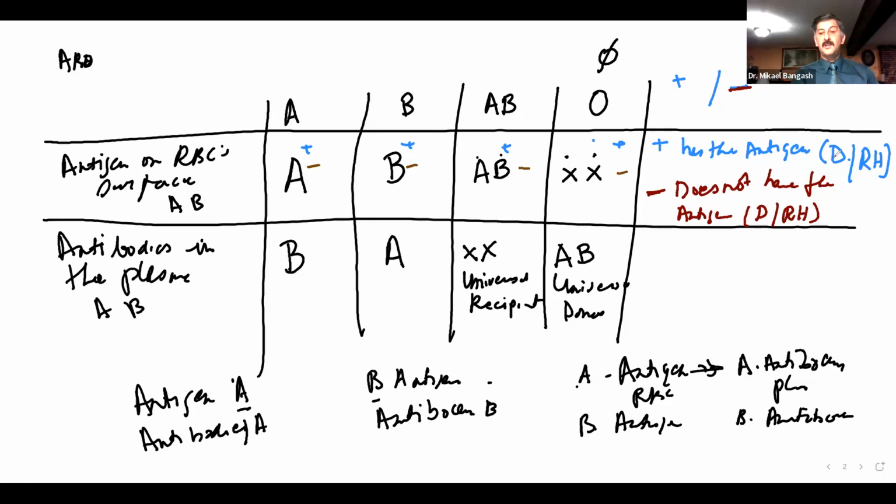The D antigen or the RH antigen. If you have that, you are any alphabet positive. Whereas if you don't have that antigen, the RH or D antigen, you'll be any alphabet group, but negative. Did that make sense?